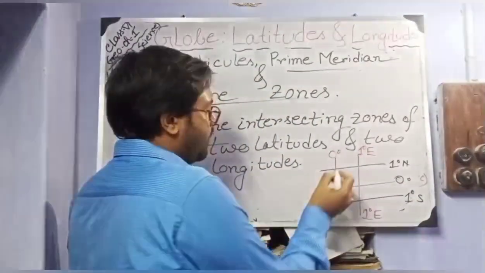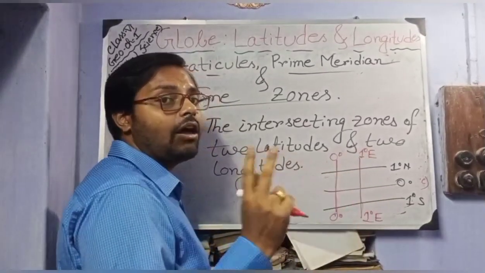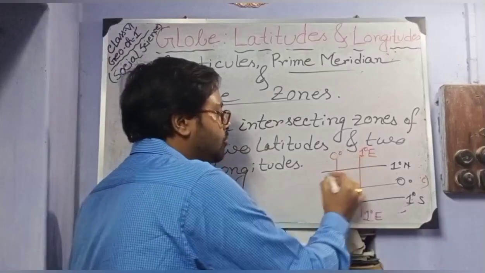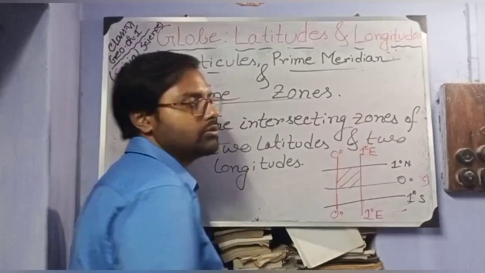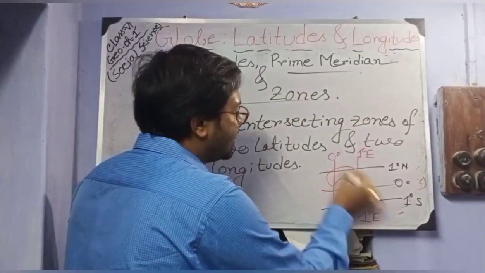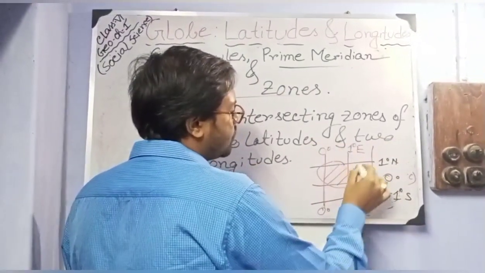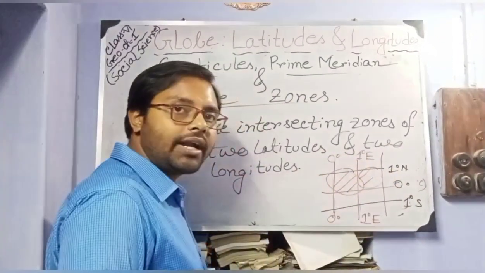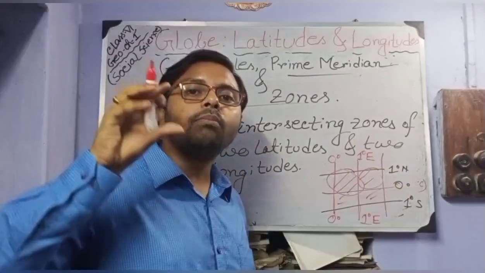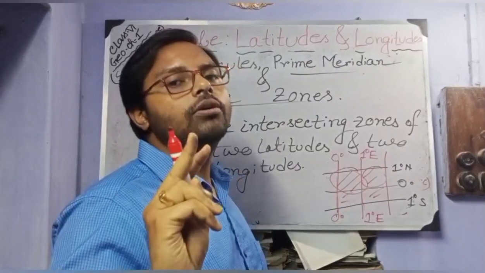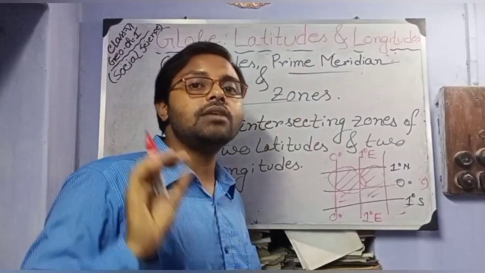So this zone, bounded by the intersection of two latitudes and two longitudes, is known as a graticule. If we draw once more, then this will also be a graticule. This is a graticule, this is a graticule. So every box created by adjoining two latitudes and two longitudes is known as a graticule.